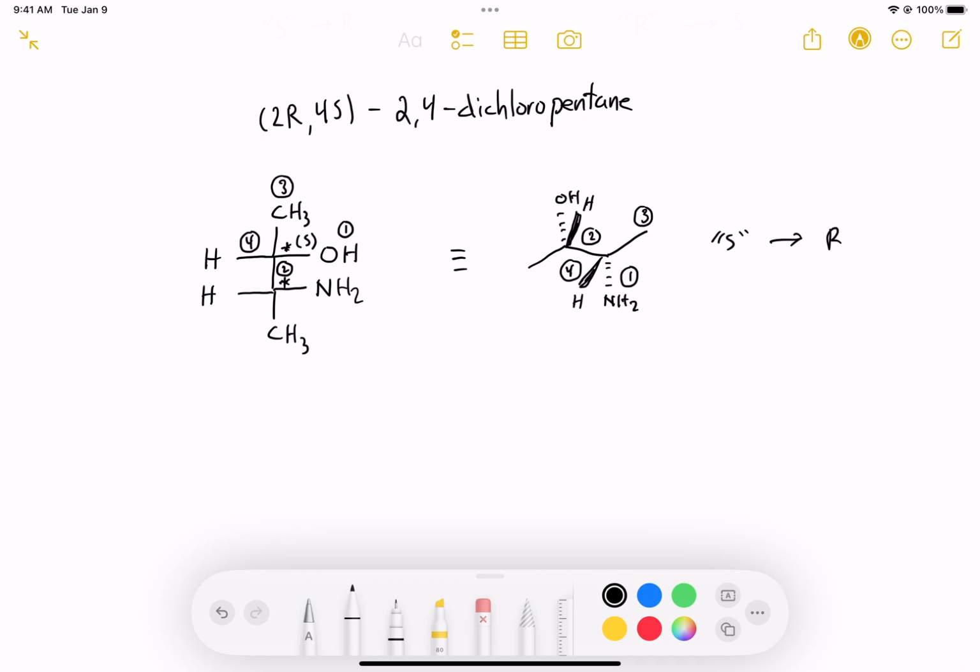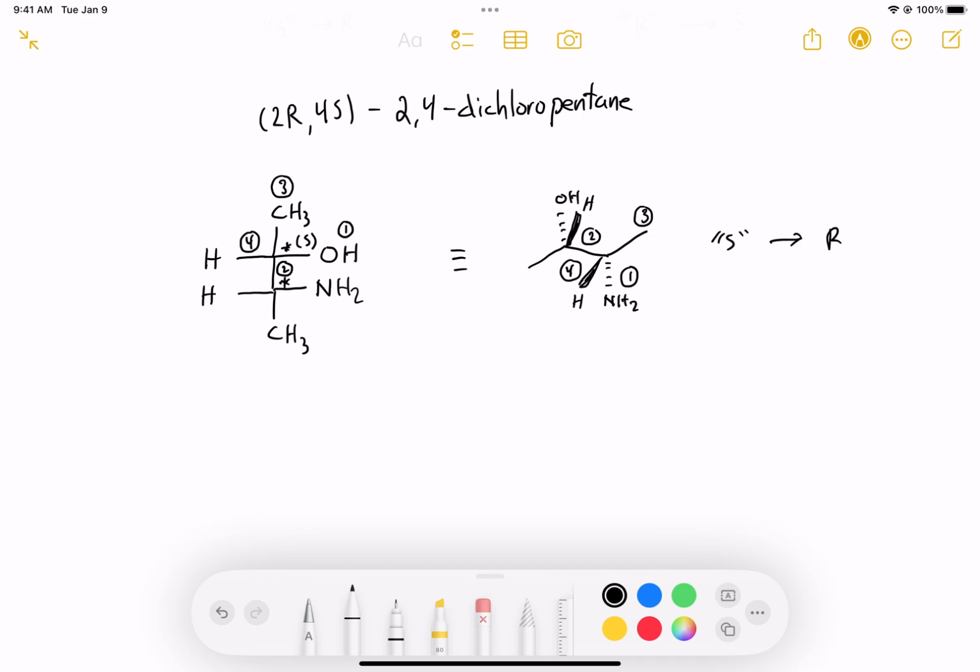Well, actually, no, it doesn't. It looks like it should be S. Interesting. Let's see here. Yeah, it should be R though. Huh. Did I draw it wrong?